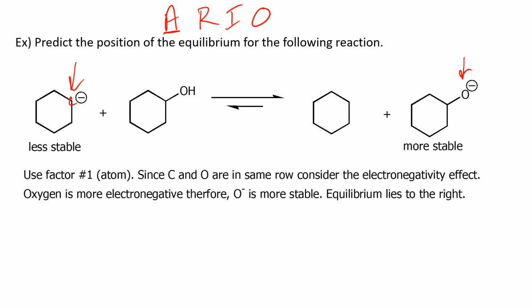Carbon and oxygen are in the same period, so it's an electronegativity effect. Oxygen is more electronegative. Therefore, we have a more stable conjugate base. Therefore, the equilibrium will lie to the right. The equilibrium favors the products.